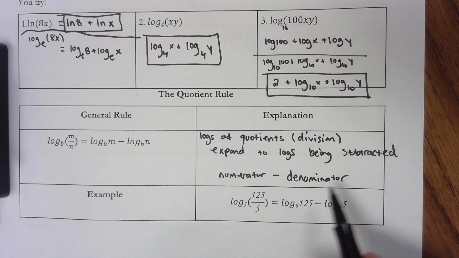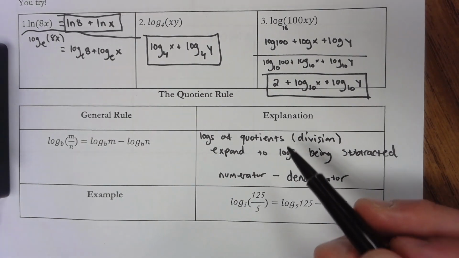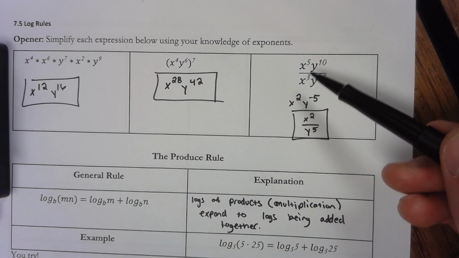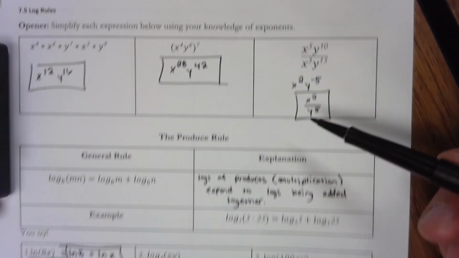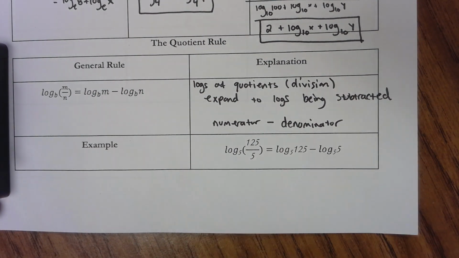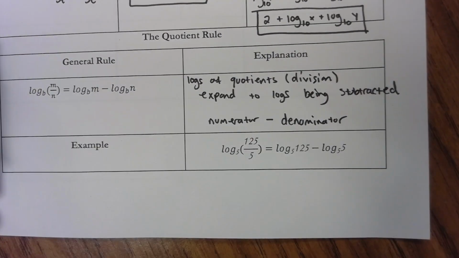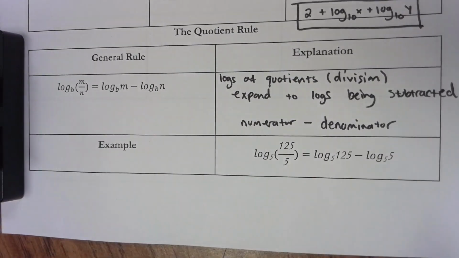All right, and like I've said, this relates exactly back to some of the exponent properties. If we look at that third opener, where I had same bases being divided, so there's a quotient there, I subtract those exponents. Okay, all these rules get derived from their corresponding exponential form. Then we've got an example down here of just the expanding part.